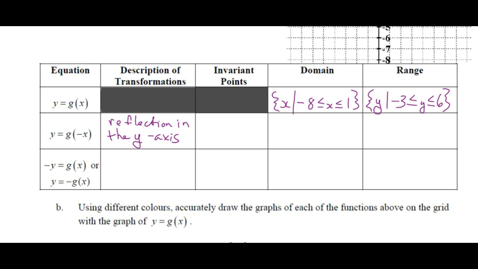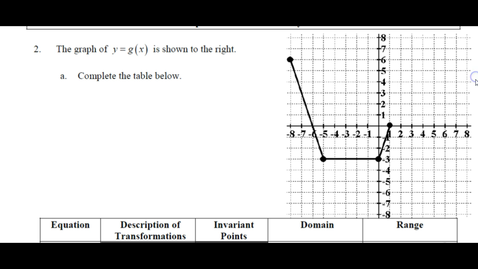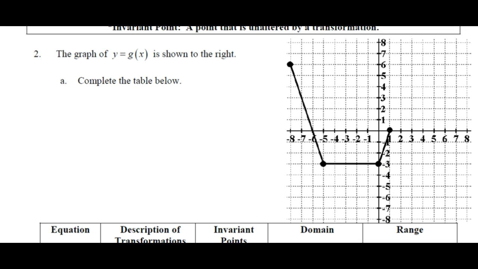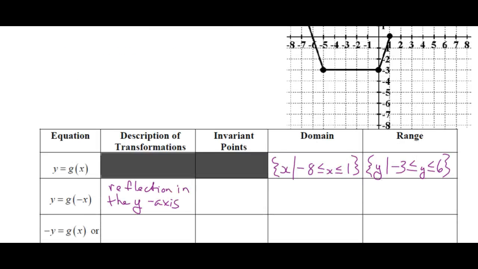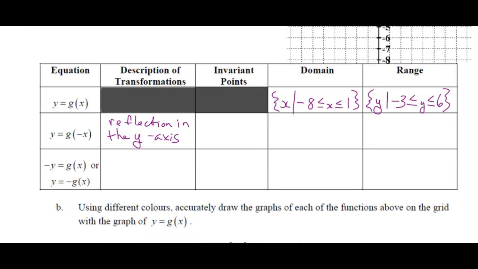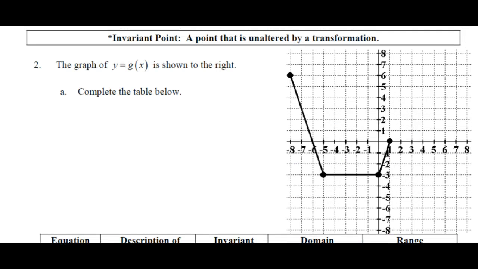Okay, now what's the new domain? So now I'll go back and look at this. I'm reflecting it, so where does this point go? Where do we reflect in? The y-axis. So where does this point go? So it stays at -8. Okay, so range-wise now we go -6. Now this was the low, where does this go? Oh, sorry, reflection in the y-axis.